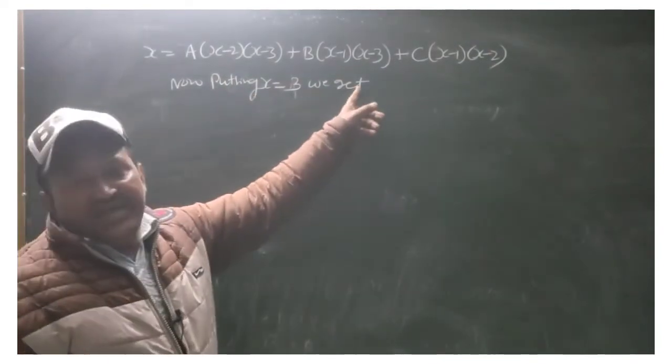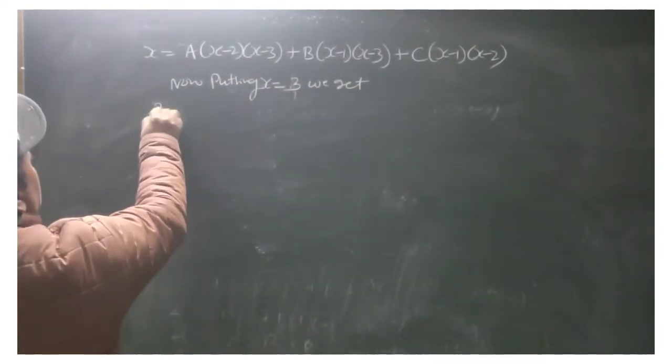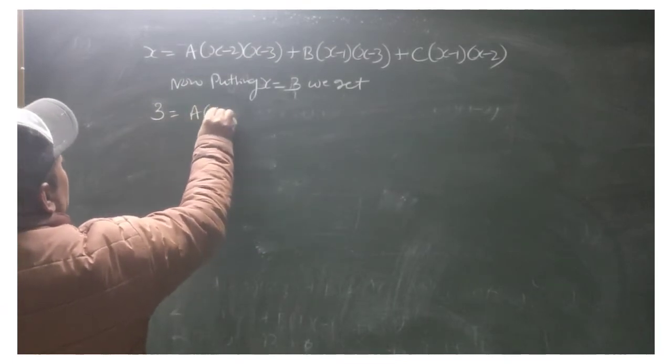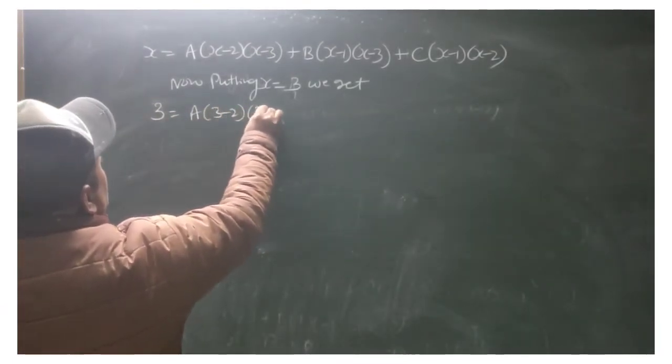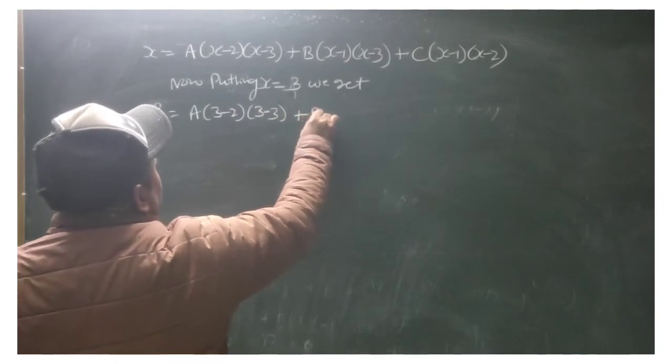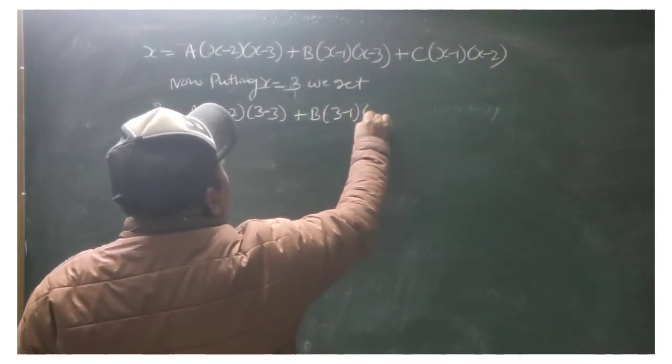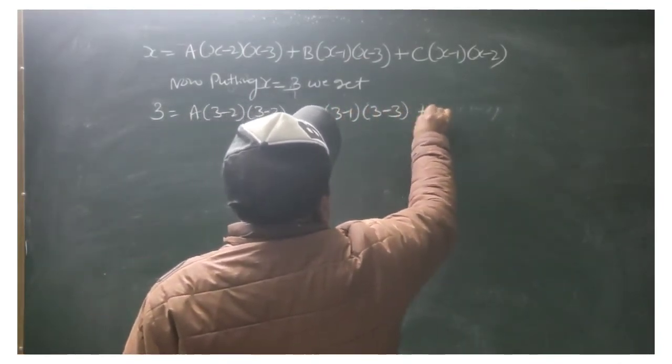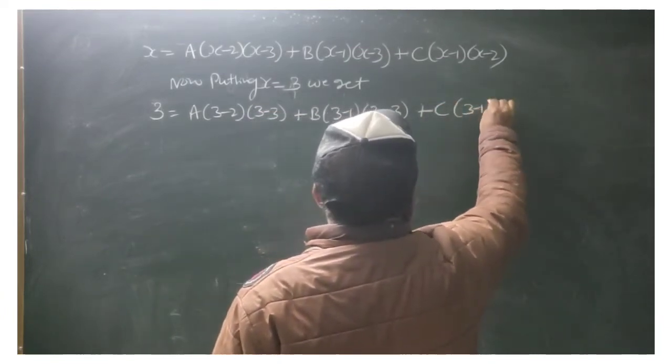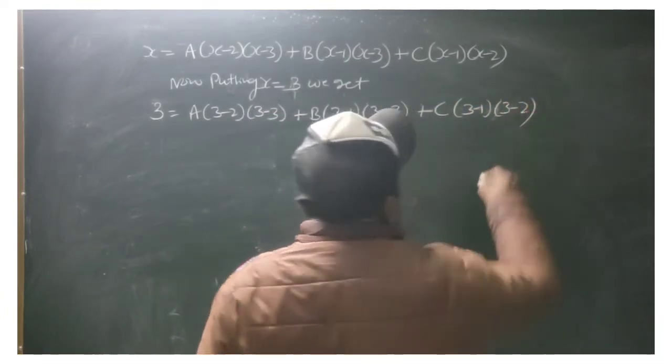Putting x is equal to 3, we get 3 is equal to capital A into (3 minus 2)(3 minus 3) plus capital B into (3 minus 1)(3 minus 3) plus capital C into (3 minus 1)(3 minus 2).